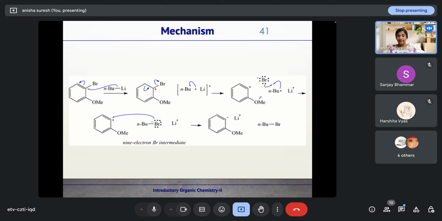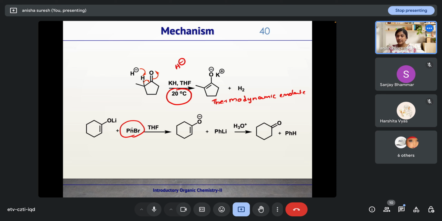Sorry, lithium will be coordinating here, and this bromide will be coordinating with this other species. PhBr will be forming there. So this sort of mechanism is taking place here, just for giving more clarity to this, I have attached that mechanism. So this is how the reaction is taking place.